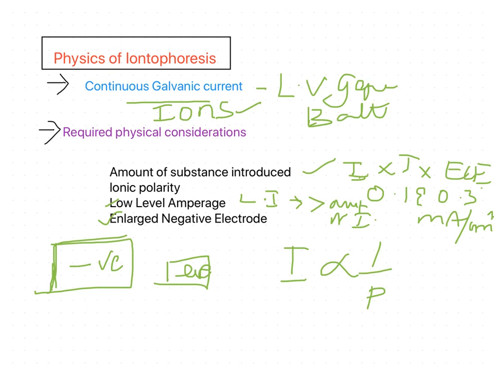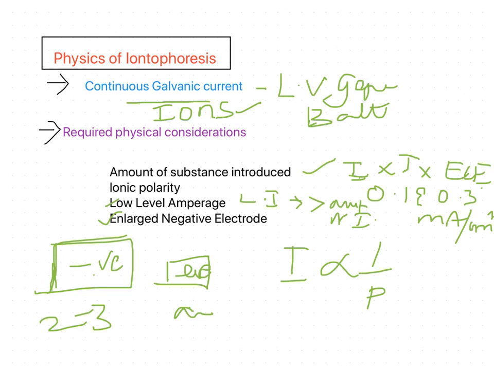Most users use a cathode 2 to 3 times larger than the area of the anode. So this is about the physical considerations required for iontophoresis.